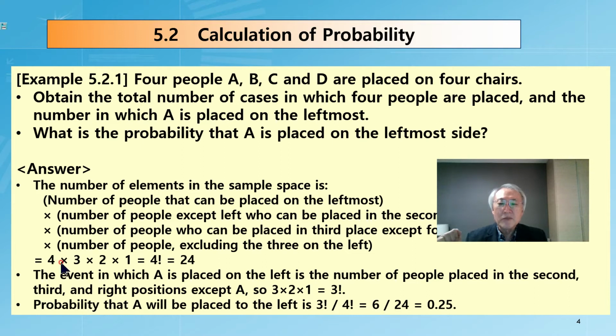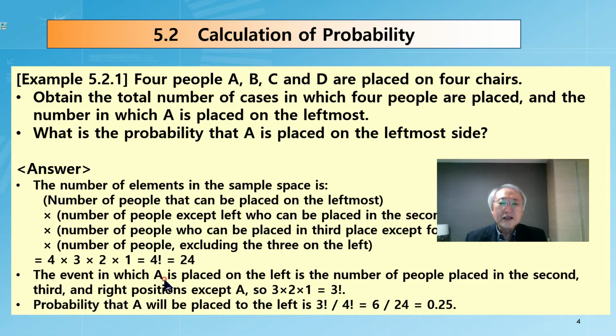Therefore, select one by one. In the first selection, you have 4 choices. After you select one person, 3 persons remain. There are 3 possible choices. After you select 2 persons, you have 2 choices. Lastly, you have only 1 choice. Therefore, multiplication of these, that's 4 factorial, which is 24, is the total number of cases.